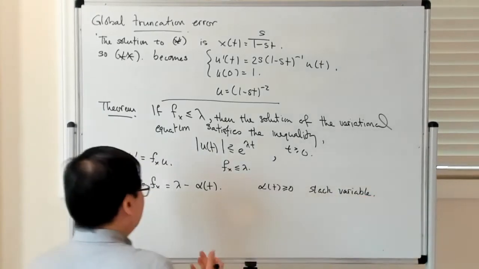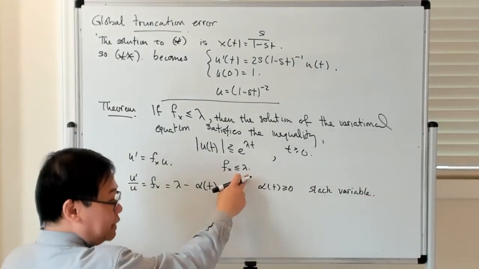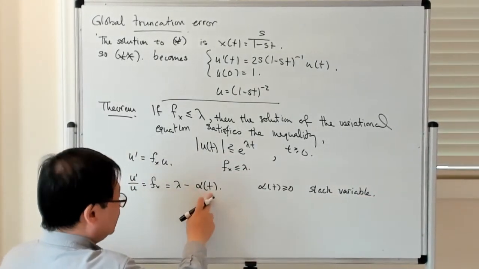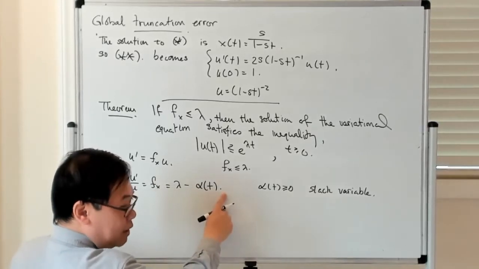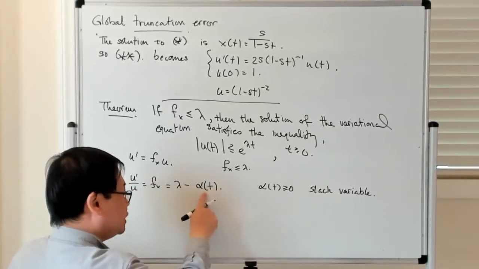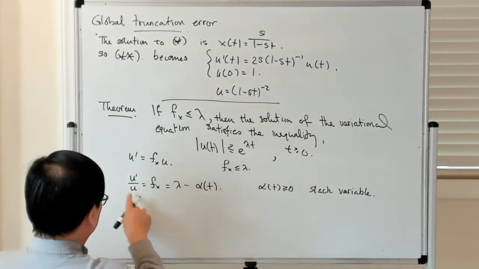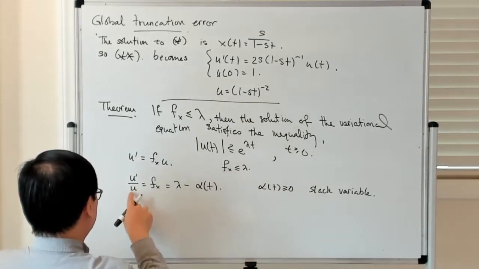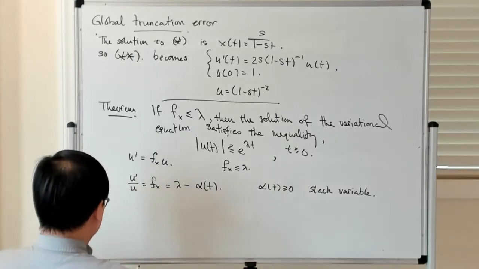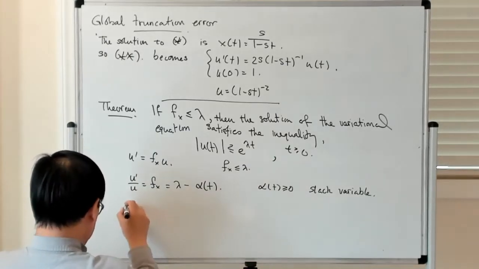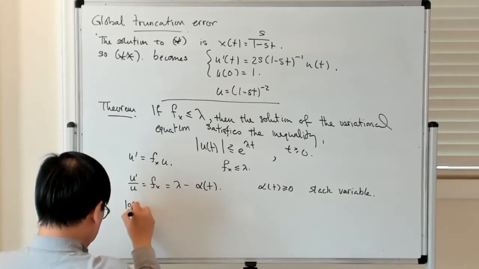Okay, and the slack variable allows you to rewrite an inequality as an equality subject to some positivity or non-negativity constraint on the slack variable. So we have that, and then of course the left-hand side looks like the derivative of a logarithm, right? So I can integrate both sides.